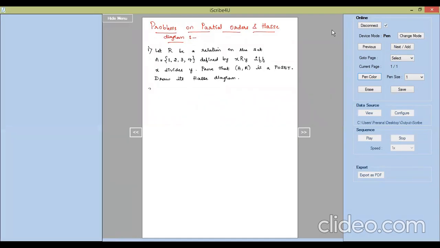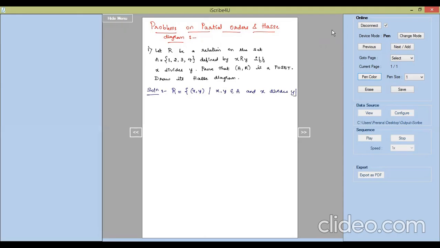Let us see the solution. First we will write down the relation R given for us. R is given as the ordered pairs (x, y), such that x and y belong to the set A and x divides y.